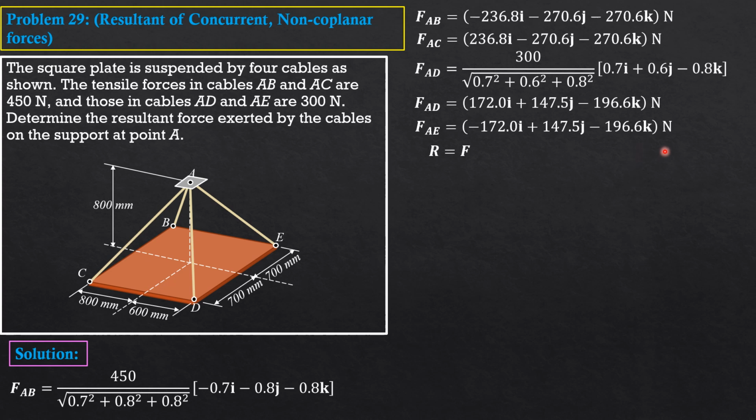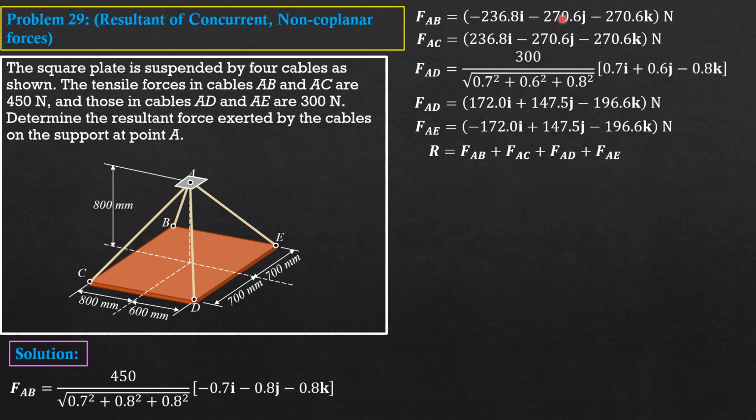Therefore, the resultant is the sum of these forces, and we add corresponding components: FAB plus FAC plus FAD plus FAE. For the X component, negative, positive, so 0, positive, negative, so there's no X component.